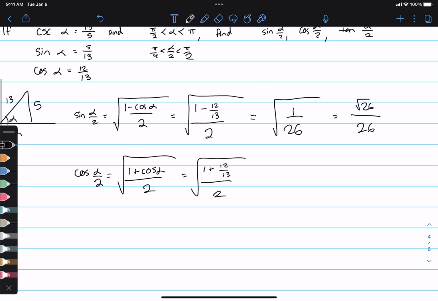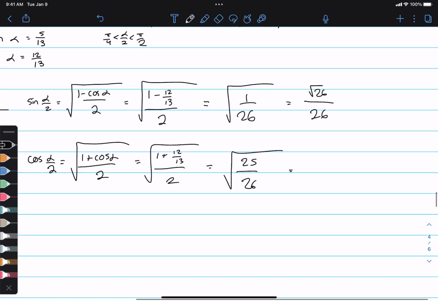Put this inside into your calculator, so 1 plus 12 over 13, divide the whole thing by 2, and put it into a fraction. This is going to be the square root of 25 over 26, which, rationalizing the denominator, is 5 square root of 26 divided by 26, because the square root of 25 is 5.